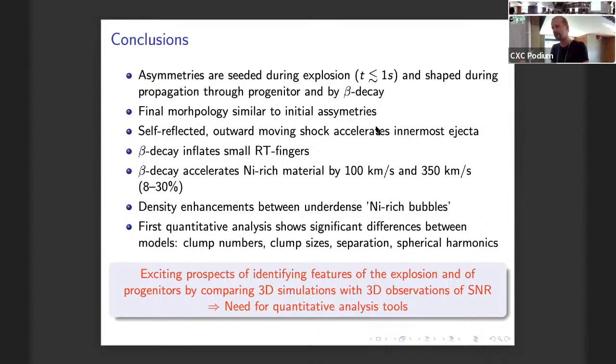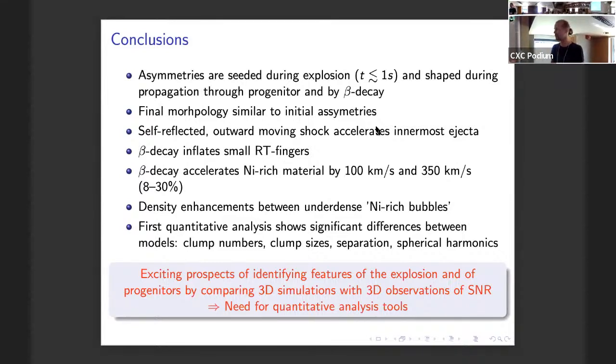They are accelerated mainly by 2 processes, the instabilities and the beta decay, so that we can get accelerations of the material by 100 to 350 kilometers per second, for example. What we observe nicely in the simulation is the density enhancements between the nickel-rich bubbles, and these bubbles then become underdense compared to the surroundings.